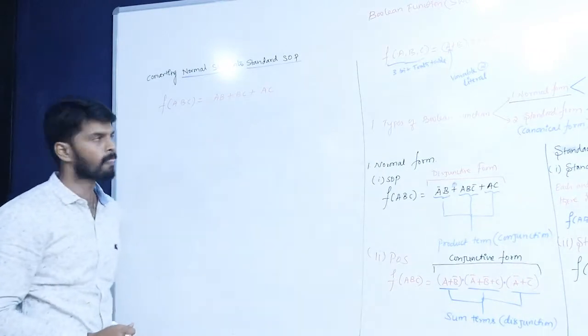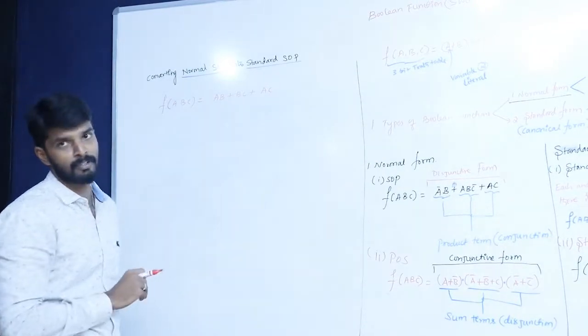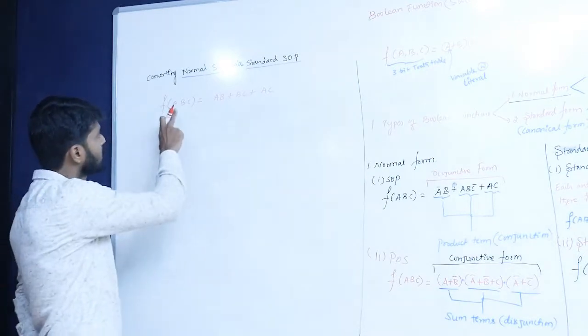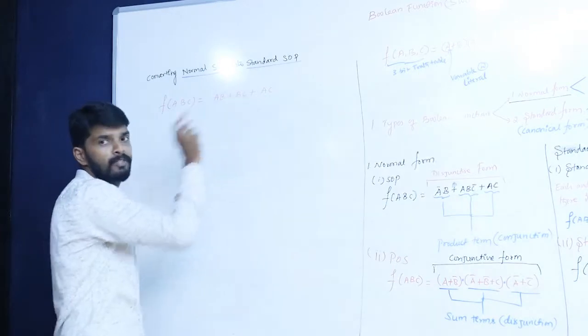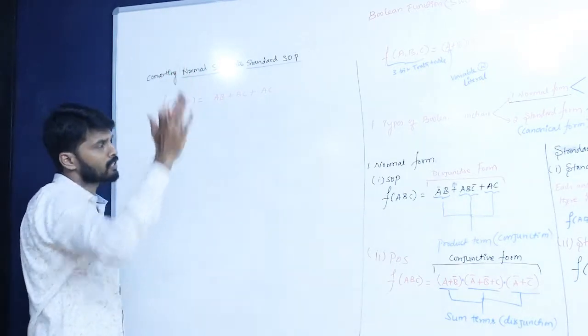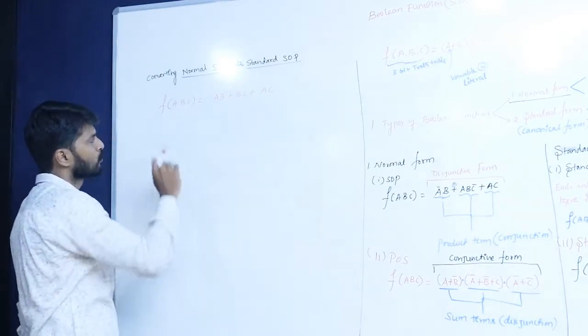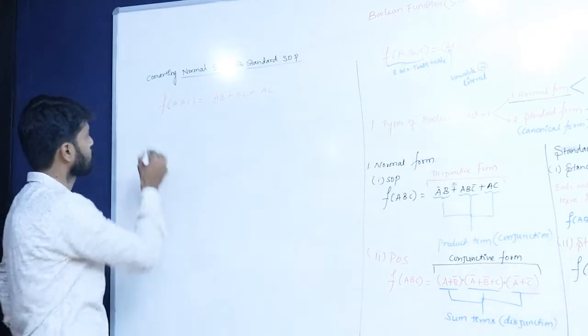So this is a normal form equation. Why is it a normal form? Because each and every variable of the function is not present in each and every term of the equation. So now we need to convert this normal form into a standard form. We will discuss step by step. First we will see step 1.